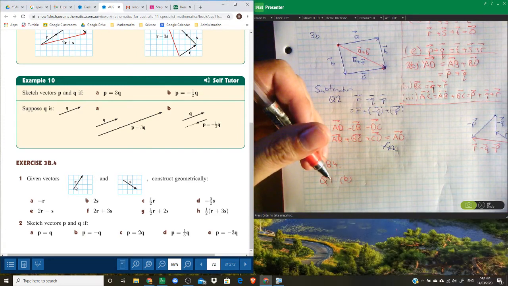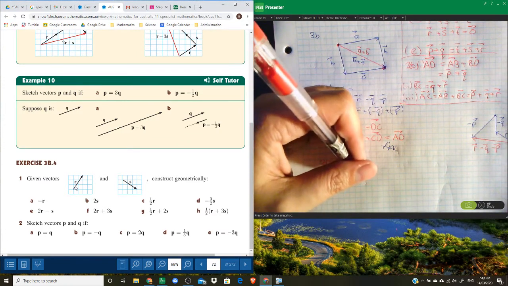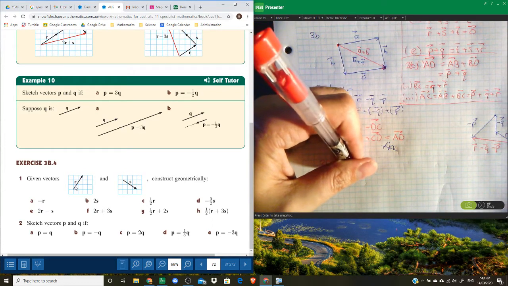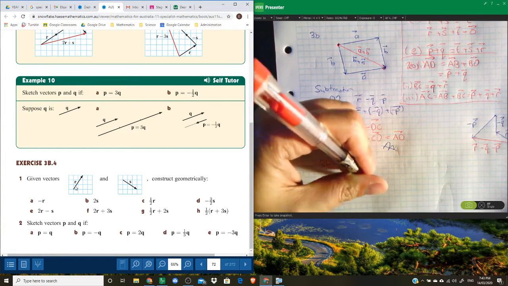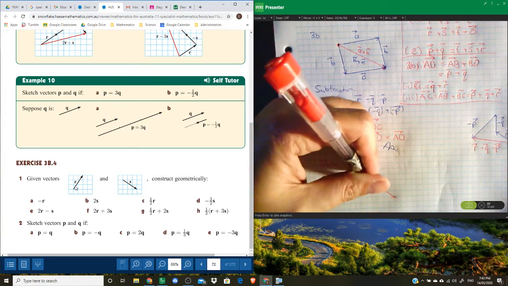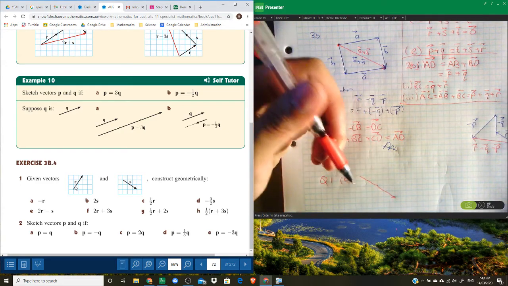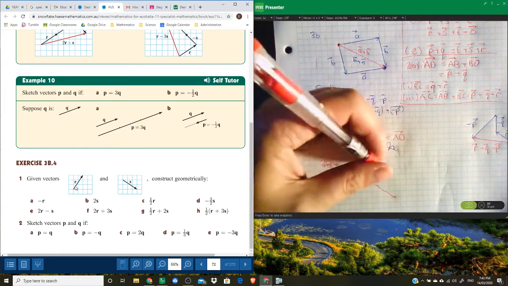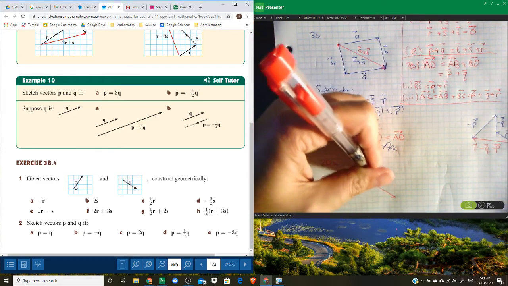So 1b, 2S. Well, S is 2 down and 3 to the right. So if you do 2 of those, 1, 2, you can draw 2 vectors of the same length and then just say S plus S is 2S, thereby 2S.